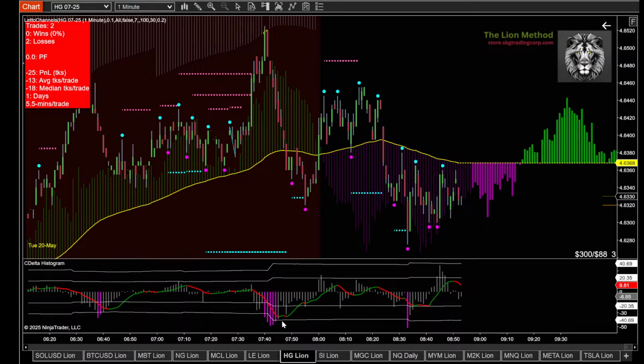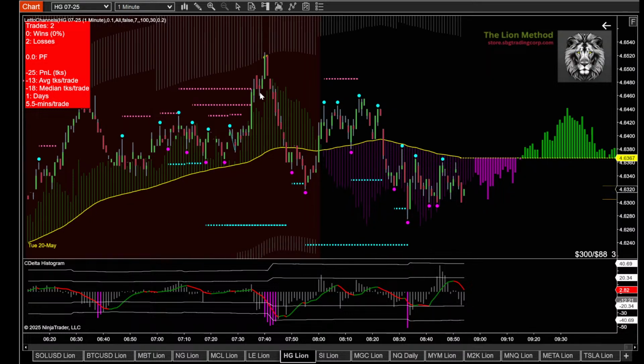I do like the fact that net selling hit very hard once we entered that area. These magenta colored bars show us that we exceeded our historical overbought levels for buying and selling activity, in this case selling activity. It really started coming in strong. So we had a lot of net selling going on as it rallied into overbought.